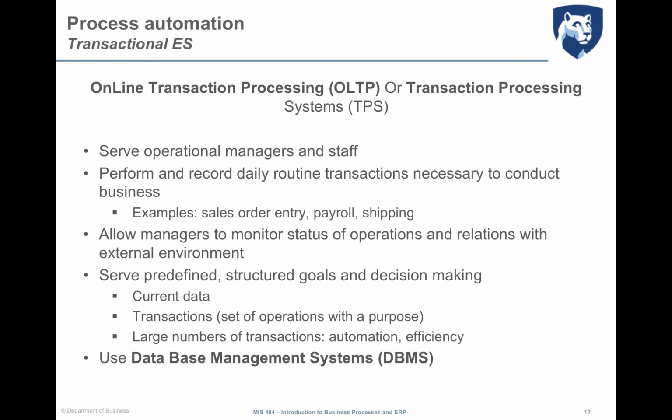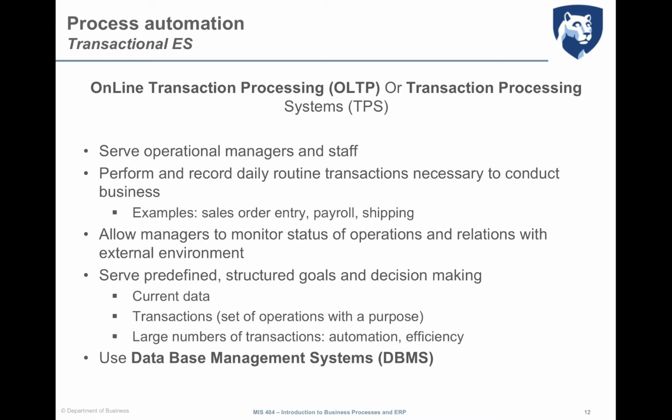Online transaction processing systems are all the systems that support the operational processes of the organization. And how do they support these processes? By performing activities of these processes and recording daily routine transactions necessary to conduct the business.